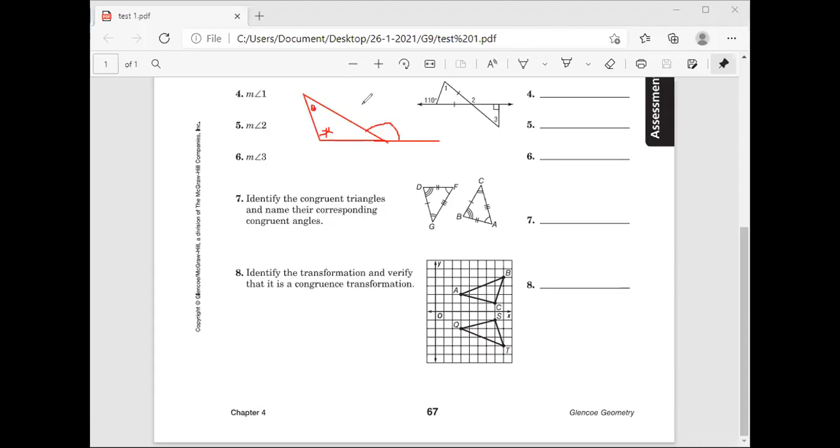For example, if this angle equals 110 and this angle equals 50, then how will we find the other angle? It will be 110 minus 50. It will give us the angle. Okay? Any question? No.